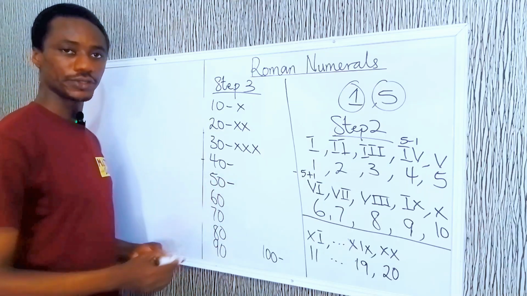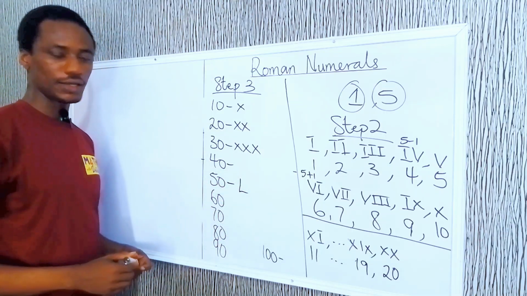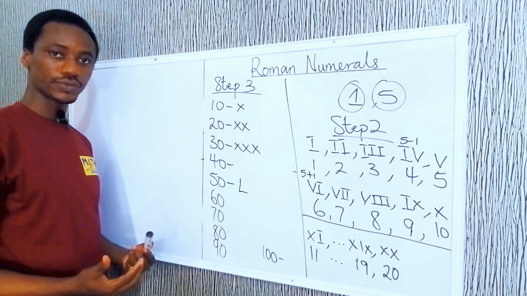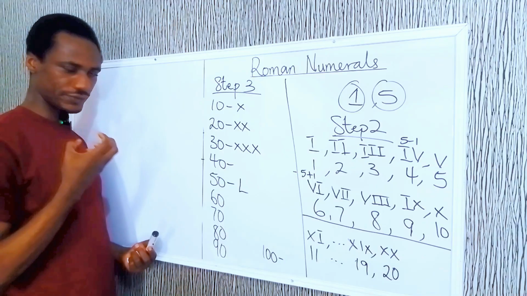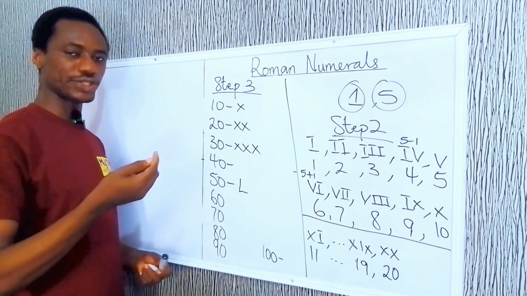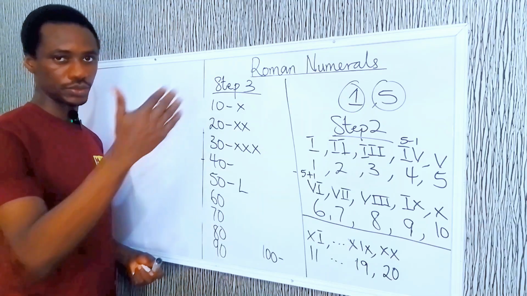So what is 50? From the letters we've learned, we know that 50 is L. So what do we do to 50 that will give us 40? We take away 10 from 50. So you want to subtract now. That means you write the small number you want to subtract first, and then the bigger one.